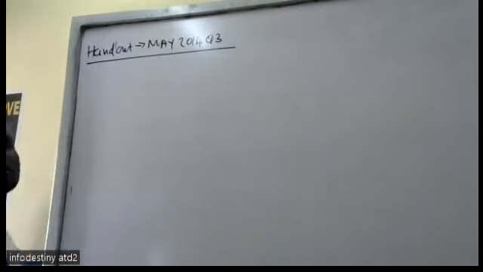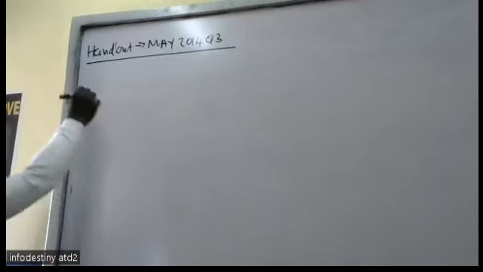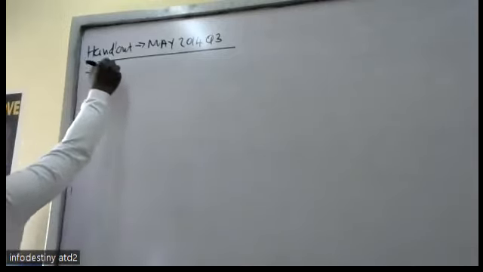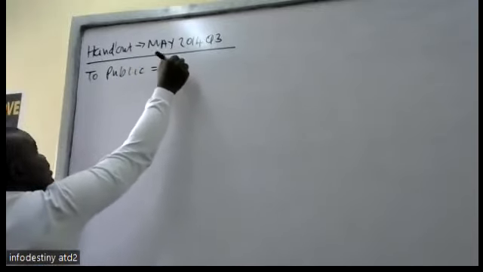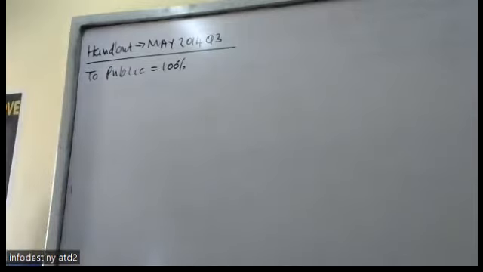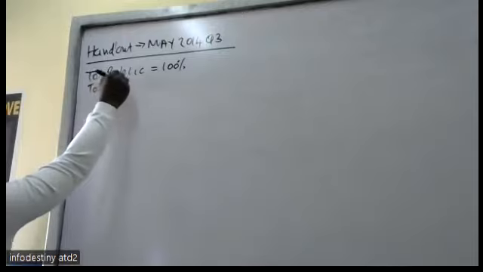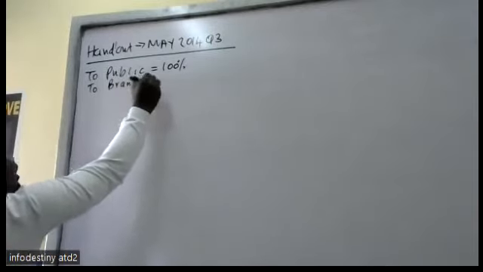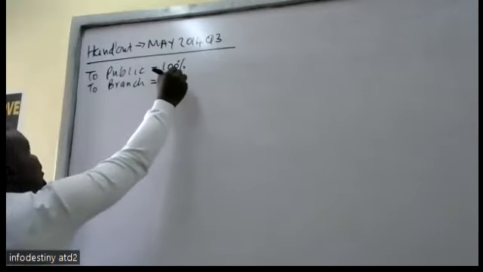I want us to recall something very fast. We did the profit analysis. To the public, goods were going at what percentage? 100%. Then to the branch, goods were going at what percentage? 94%.